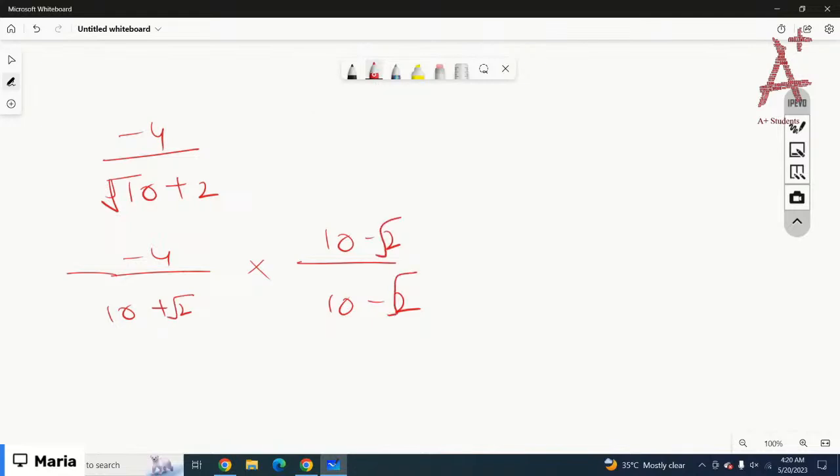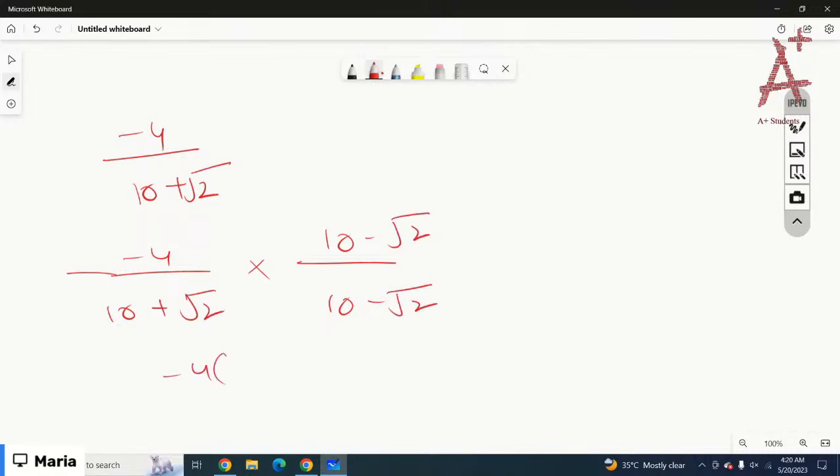Square root 2, actually it is like this. It would be 10 plus square root 2.